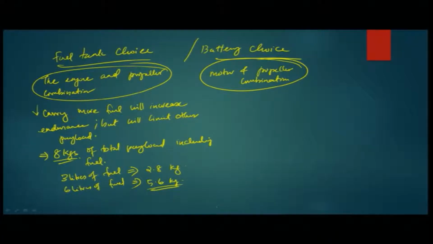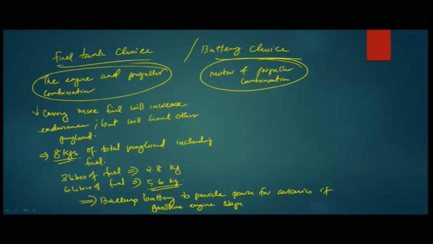Also, it was decided at the same time that in all gasoline engines we will carry a small backup battery to provide power for avionics if the gasoline engine stops during mid flight.